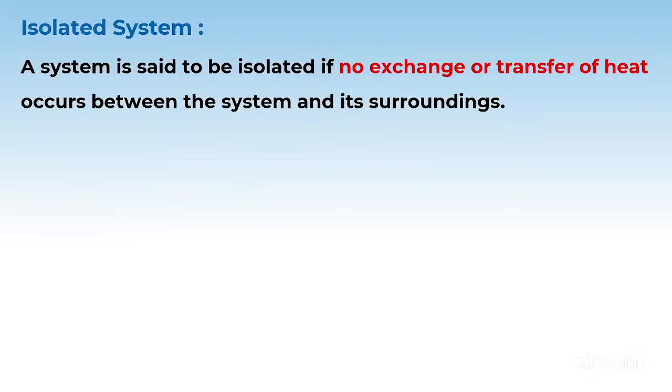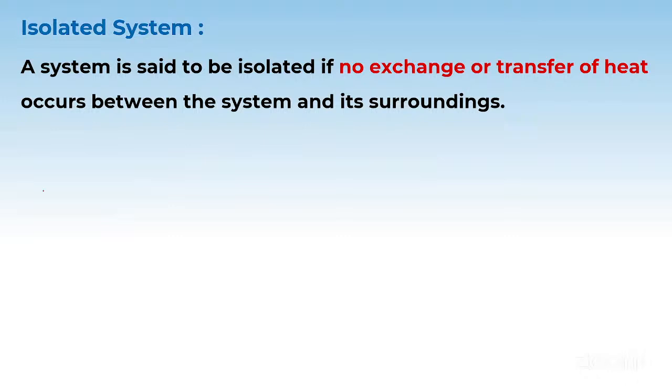A system is said to be isolated if no exchange or transfer of heat occurs between the system and its surrounding. Suppose I have decided that this system will not exchange or transfer heat, which means we cannot add heat to the system or transfer heat out of the system. That particular system is termed an isolated system.